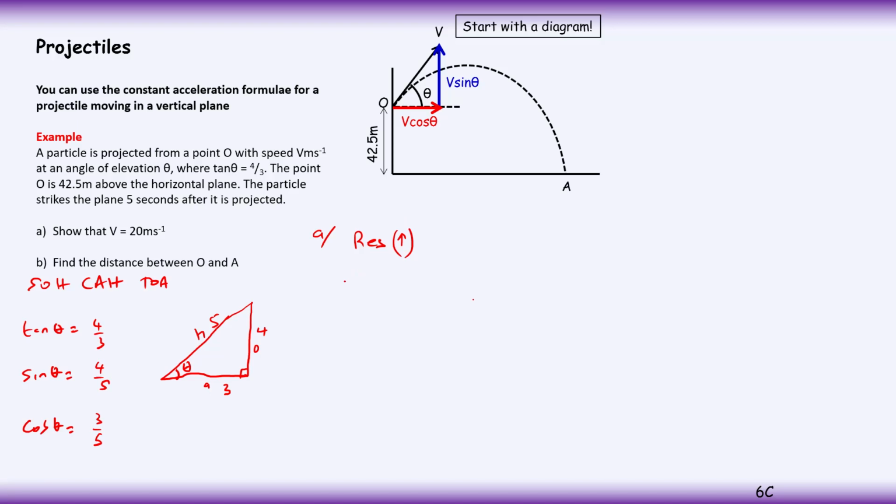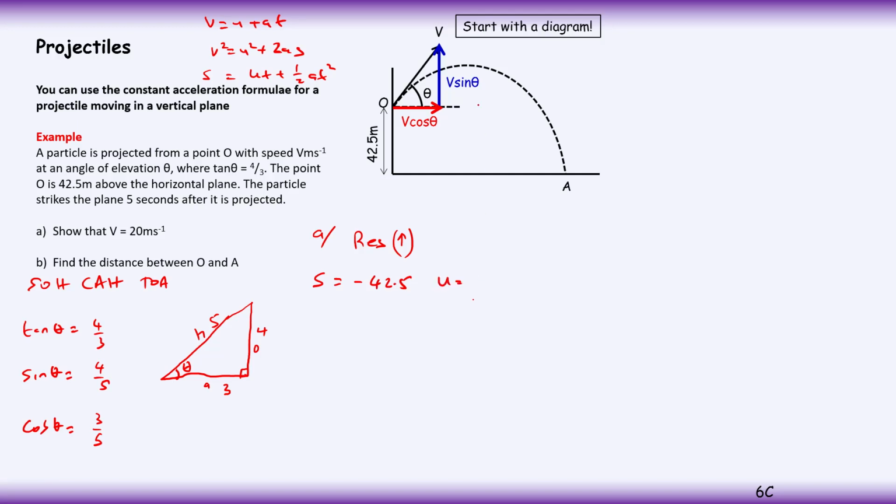So resolving vertically and using our Suvat equations, let's write them here. v equals u plus at, v squared equals u squared plus 2as, and s is equal to ut plus a half at squared. So resolving vertically, for Suvat, we've got s is equal to, well, we're at a height of 42.5, so it's come back down. It's going negative against our direction, so it's minus 42.5.